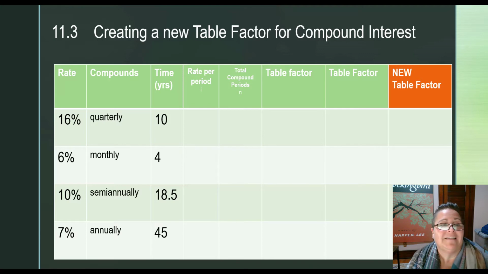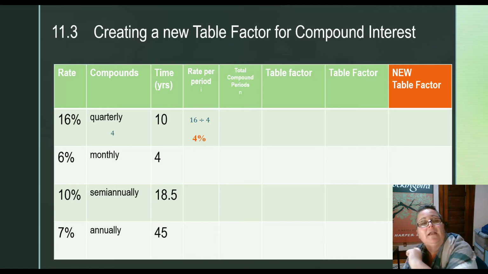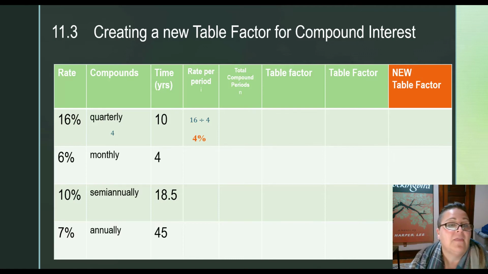So at 16% compounded quarterly, quarterly means we're compounding 4 times in a year. So my interest rate per period would be that 16% divided by 4. This is 4%. That tells me what number I'm looking at or which column I'm looking for on the table. Then I need to know the total number of compounding periods.